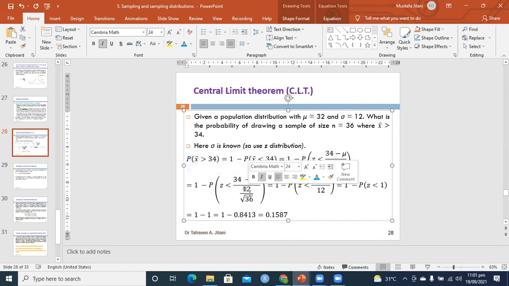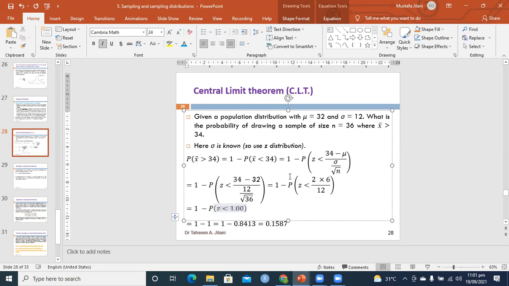12 is the standard deviation divided by sample size, 36. And from this, we can say 1 minus probability of z less than 2 times 6 by 12. It is 1 minus probability of z 1.00. So make it similar to the table requirement, I write 1 minus z of 1.00, and it is 1 minus 0.8413.